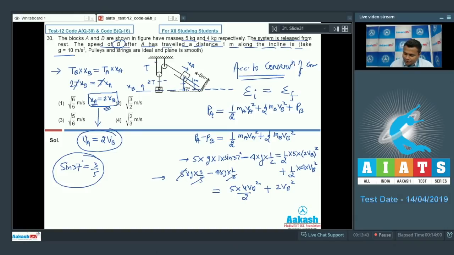5 cancels out, so 3g minus 2g, that is g simply, equals 10 Vb square plus 2 Vb square, that is 12 Vb square. And after solving, we get the value of VB as under root g by 12.